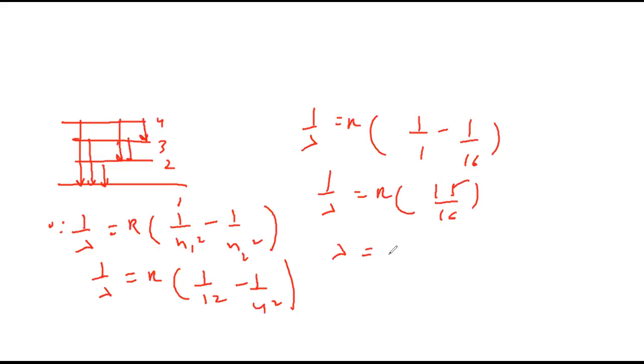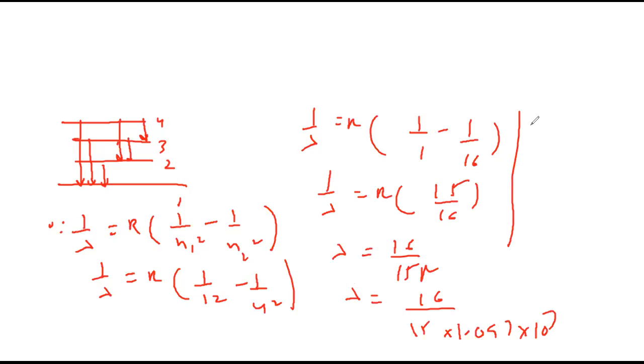Therefore lambda is 16 upon 15 R, so lambda is 16 upon 15 into 1.097 into 10 raised to 7. Therefore, lambda is 16 upon the product into 10 raised to minus 7 in meter.